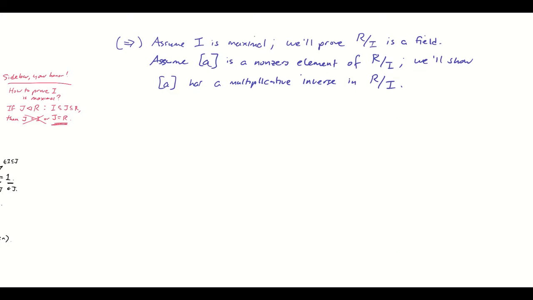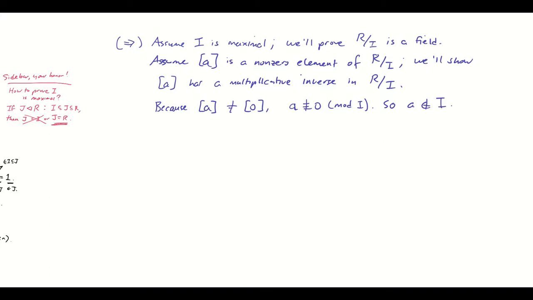Okay, well, because brackets A is non-zero, that is, it's not the zero class in R mod I, this means A is not congruent to 0 mod I. So in other words, A is not an element of the ideal I.